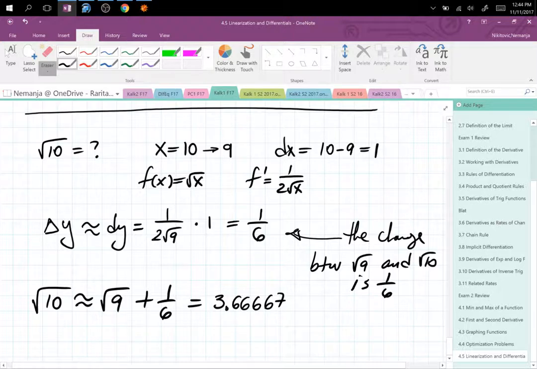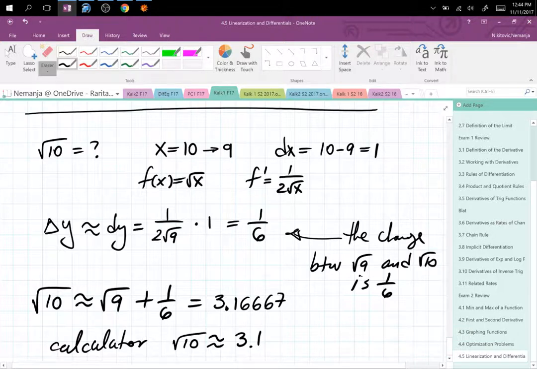Now, we take our square root of 10. And the calculator will give us a square root of 10 approximated by 3.1622778.